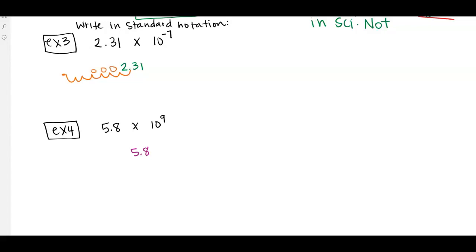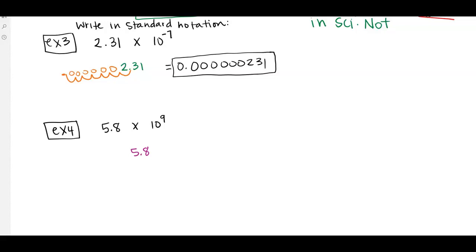I'm going to fill all of these in with zeros. So my answer is 0.000000231. I expect this to be a really small number, lots of digits in it, but a really small number because I raised it to a negative exponent.